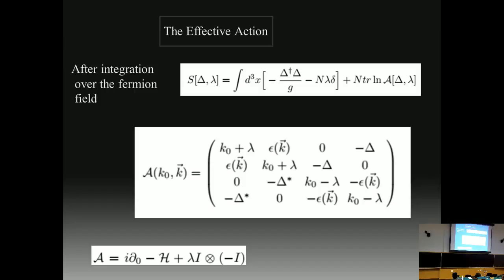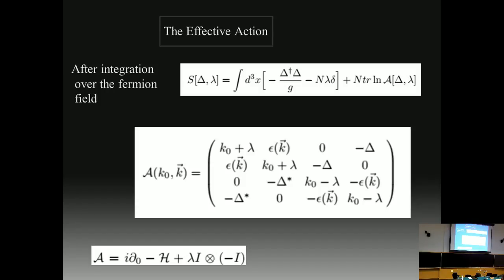That's why we have this K0 here. And lambda is the Lagrange multiplier field that enforces the constraint. So the Hamiltonian is the rest. The Hamiltonian is this epsilon, epsilon, and delta part, epsilon.